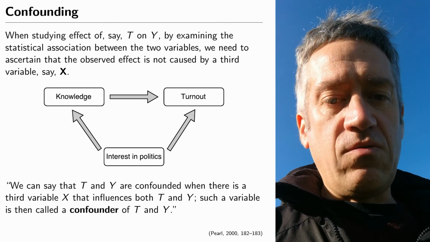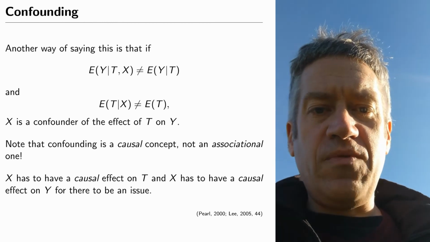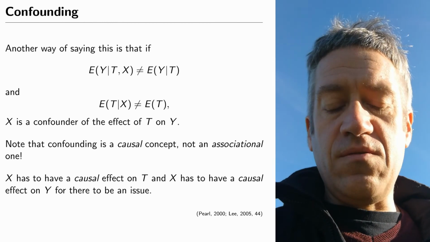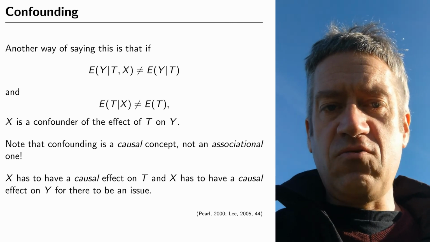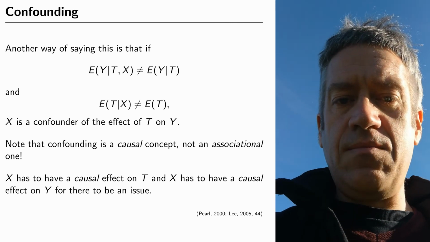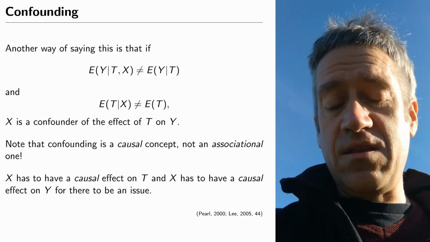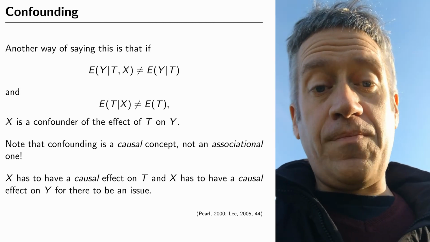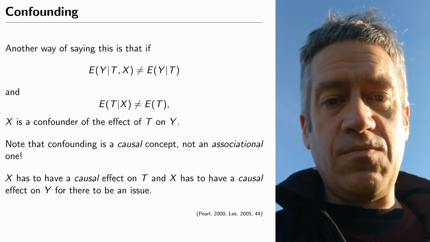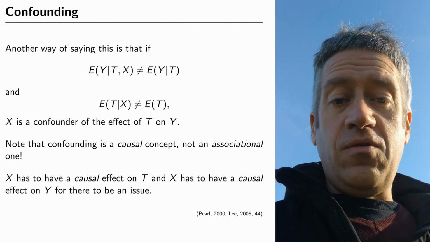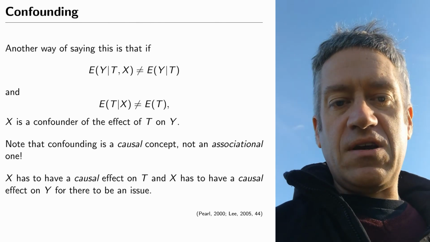So those are confounders. A more mathematical way of saying this is that the expected value of y, the outcome given the treatment t, is not the same as the expected value of y given t and x. The expected value of the treatment, the propensity to get the treatment, the propensity score, depending on x, would be different from the propensity score not taking into account x.